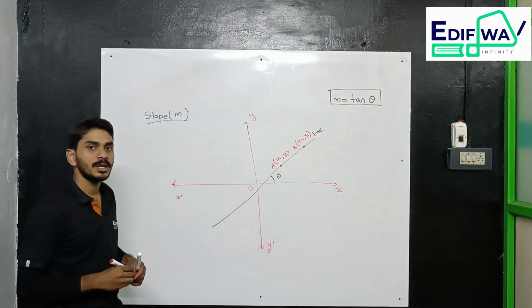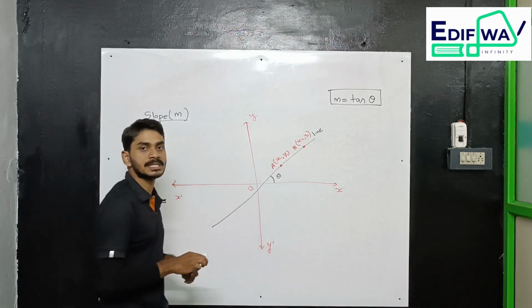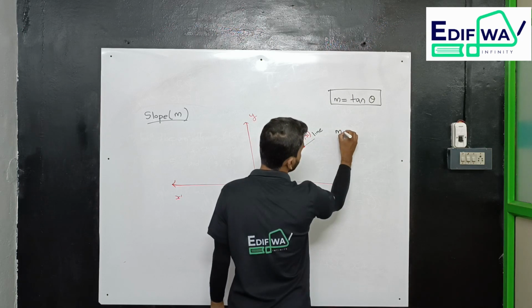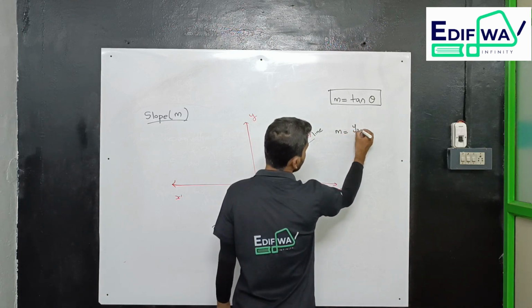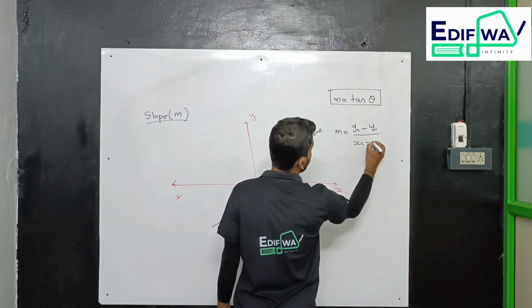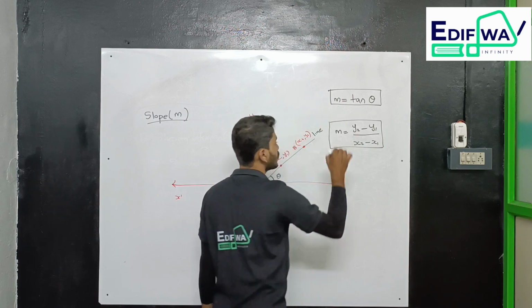Then how can you find slope from these two points A and B? The equation is M is equal to y2 minus y1 by x2 minus x1.